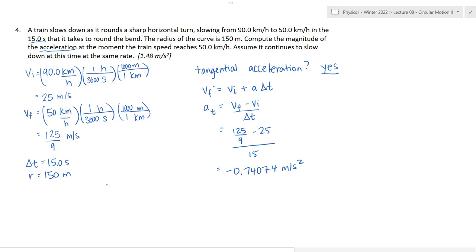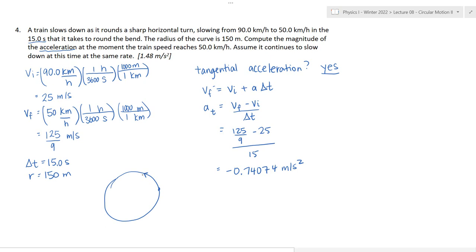So this means that, let's say our object, which is our train, is rounding a sharp horizontal turn. So it's rounding a bend, it says. So the tangential acceleration, let's say the train is moving in this direction, but it's slowing down. So it said it went from 90 kilometers per hour to 50, so it's slowing down.